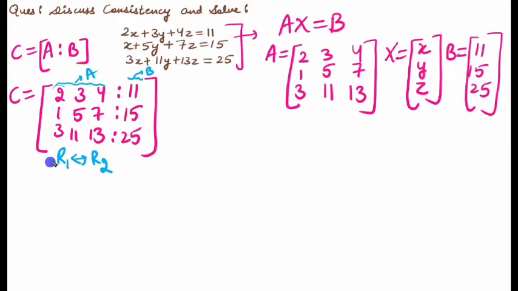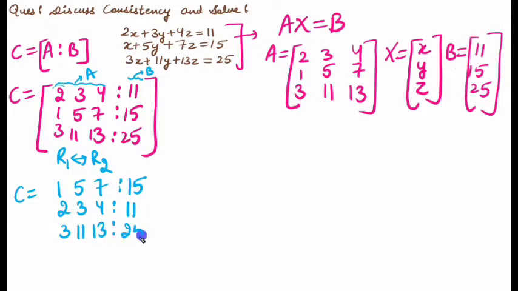R1 and R2 को interchange कर देते हैं. So what we will be getting here is the augmented matrix will look like 1, 5, 7, 15, 2, 3, 4, 11. ये जो भी operations हम लोग operate कर रहे हैं augmented matrix पर कर रहे हैं.